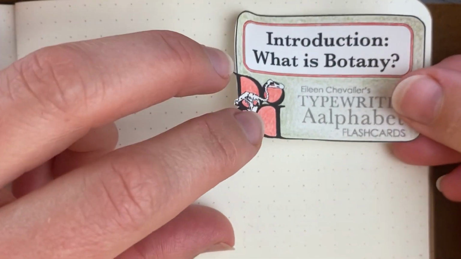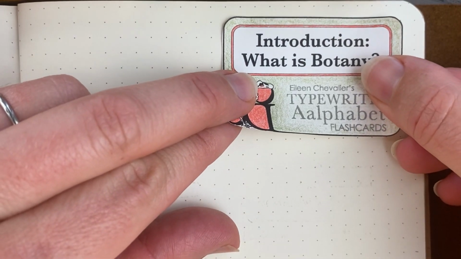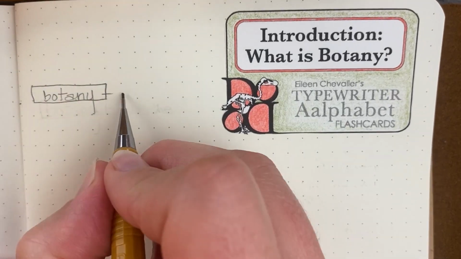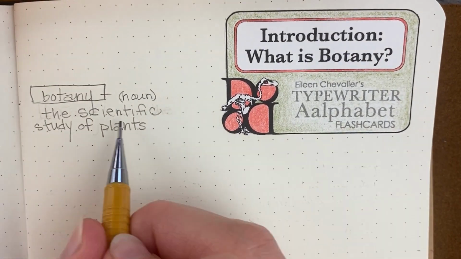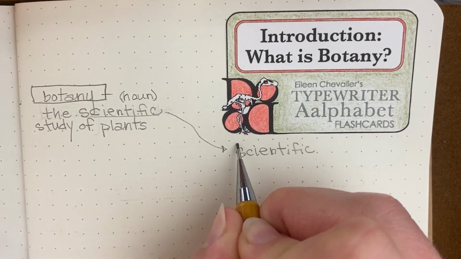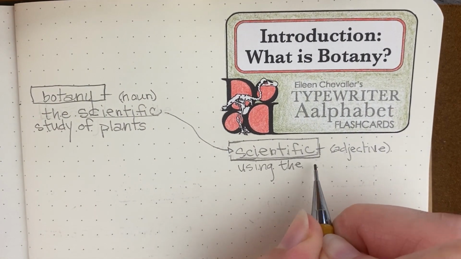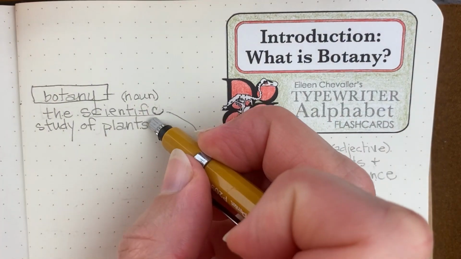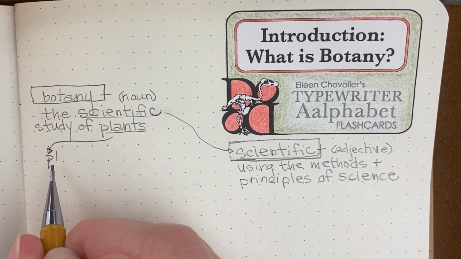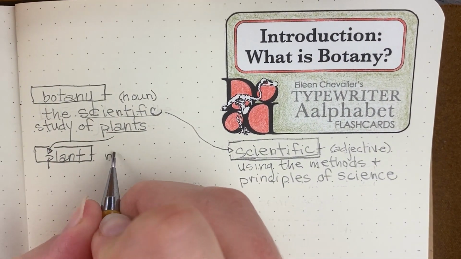All right, so botany. What is botany? That's the lesson for today. Botany is the scientific study of plants. But what is scientific? Scientific means using the methods and principles of science. Now, the scientific study of plants, but what is a plant?